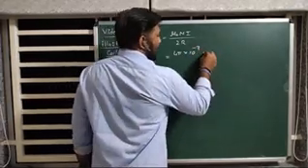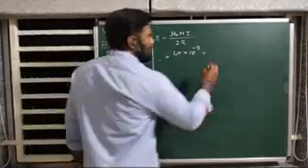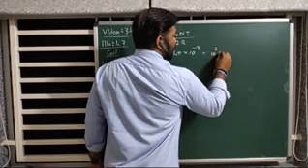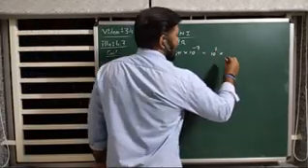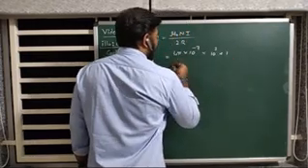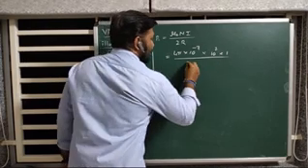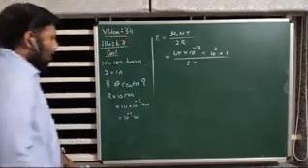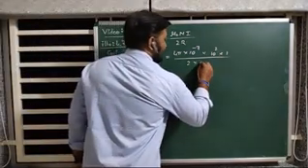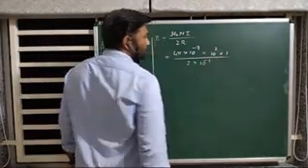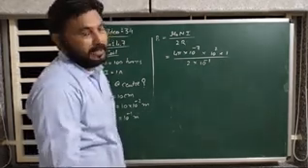The number of turns is 100, that is 10 raised to 2, multiplied by I. What is I? Electric current, it is 1 ampere. Upon 2 multiplied by R. What is R? 10 raised to minus 1. Is it okay? Simple thing.